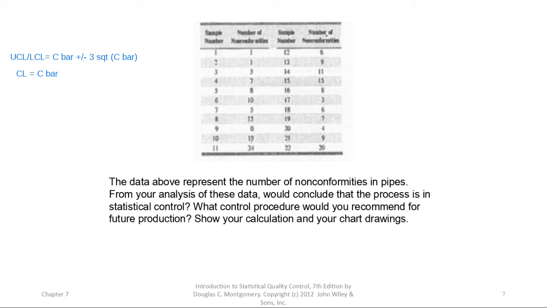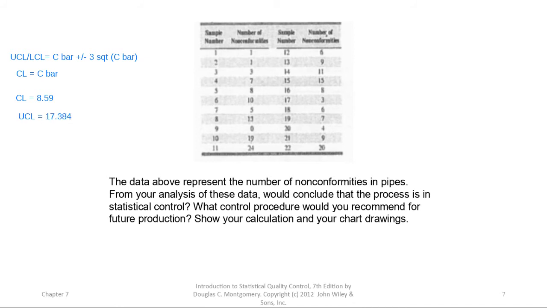Before we move to the Minitab, let's write the parameters for the upper control and the lower control, so you can confirm your answer later. The center line is 8.59. The upper control will be 17.384.